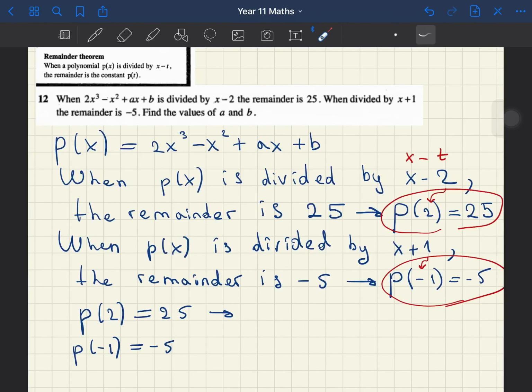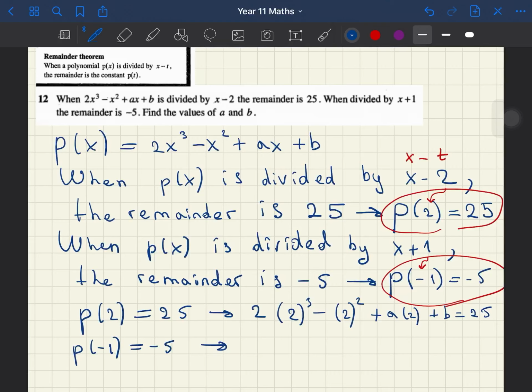What we have to do is take 2 and replace x here with 2, like this. So p of 2 is equal to 2 times 2 cubed minus 2 squared plus a times 2 plus b, and that is equal to 25, right?